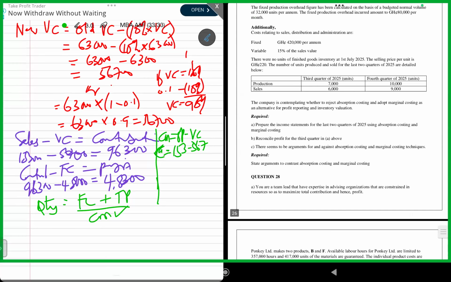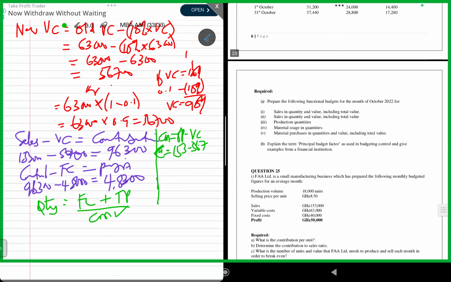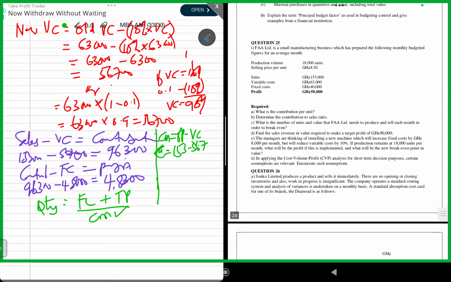We have 153,000 as the sales value minus the variable cost of 56,700.